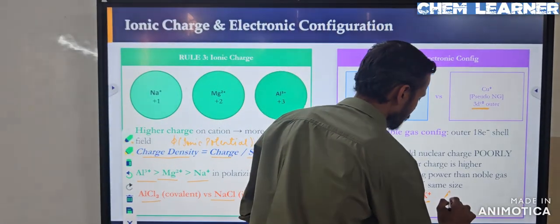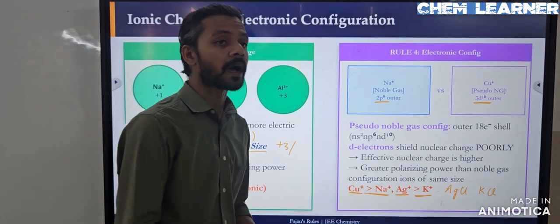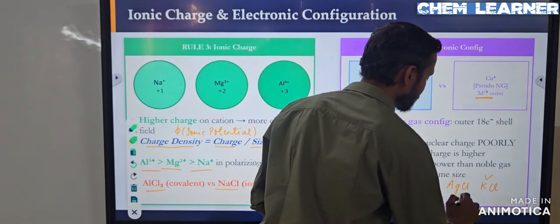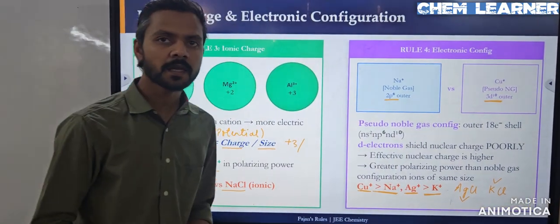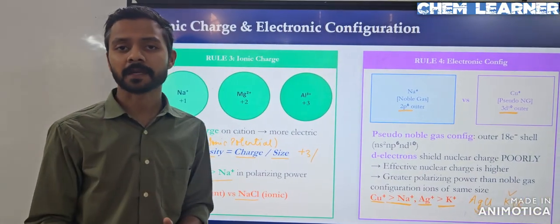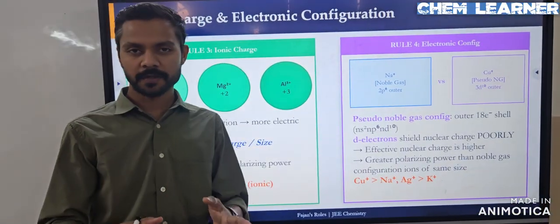A question will be: AgCl or KCl, which has higher ionic character? So we can say that KCl has higher ionic character and AgCl has higher covalent character, because the polarizing power of Ag+ is much higher in comparison to K+. Okay. Moving to the next slide.